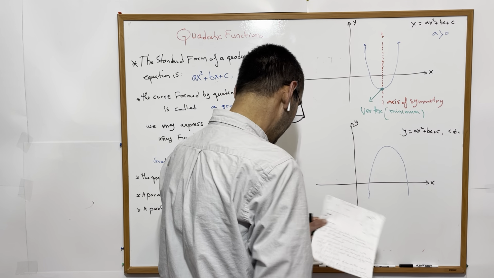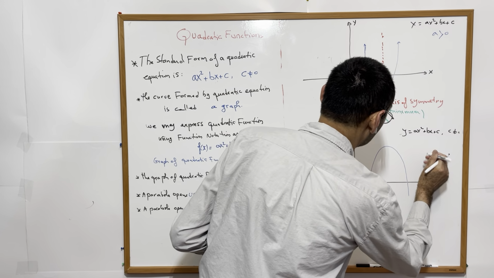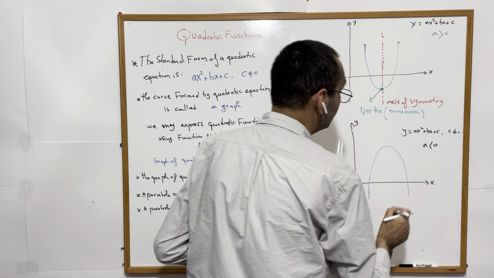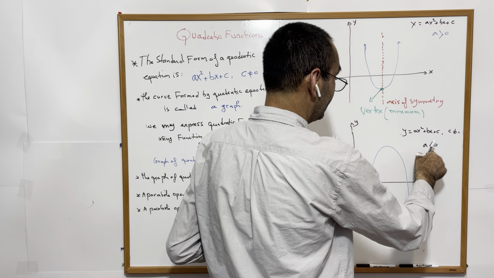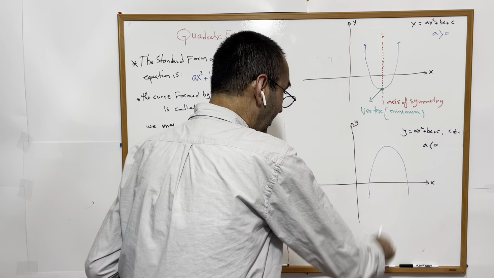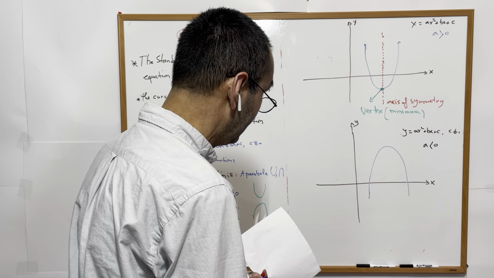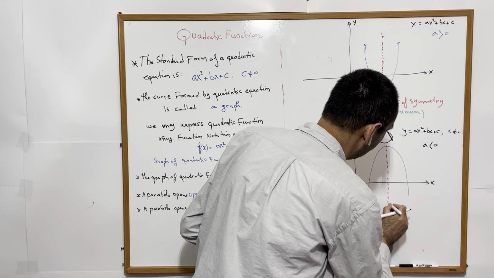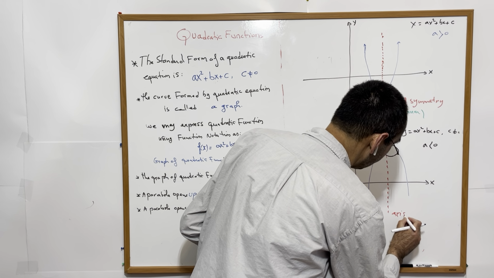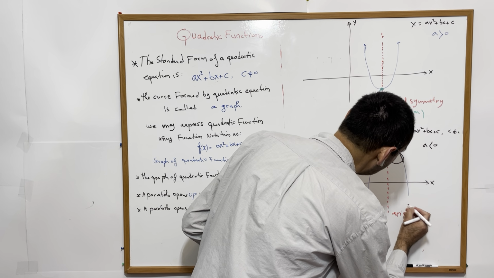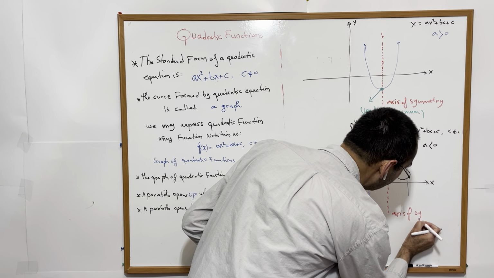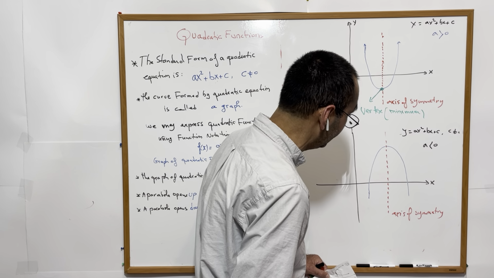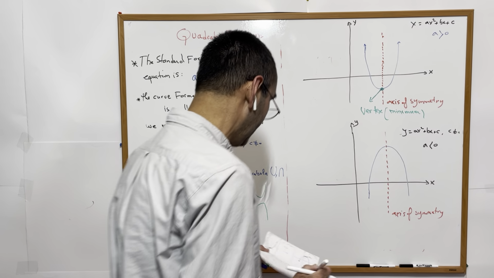Why open down? Because a is less than 0. When a is less than 0, a parabola opens down. And you have the same thing, the axis of symmetry, or line of symmetry.